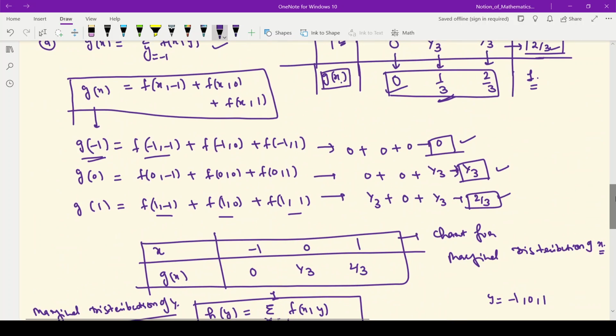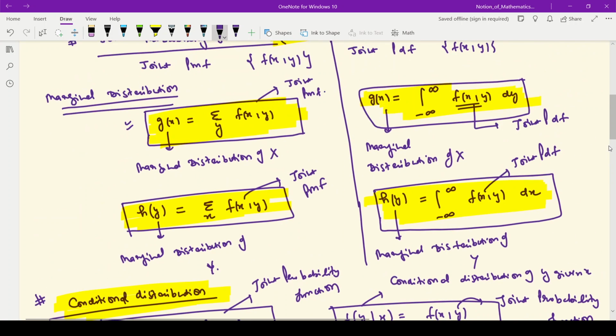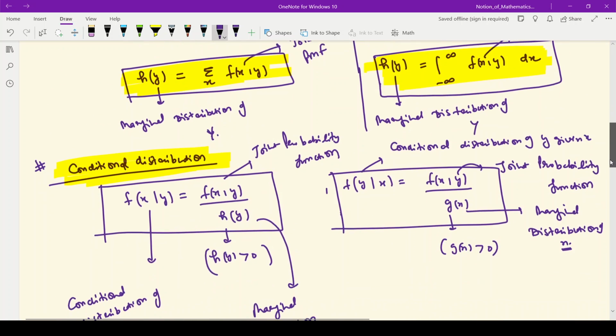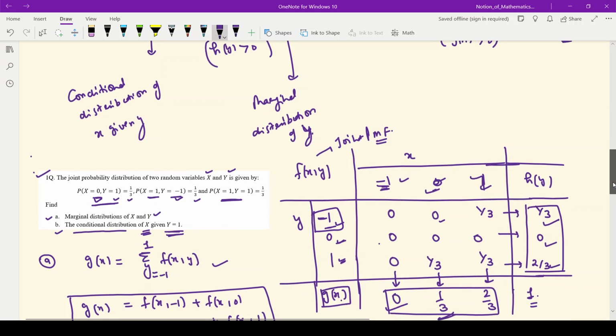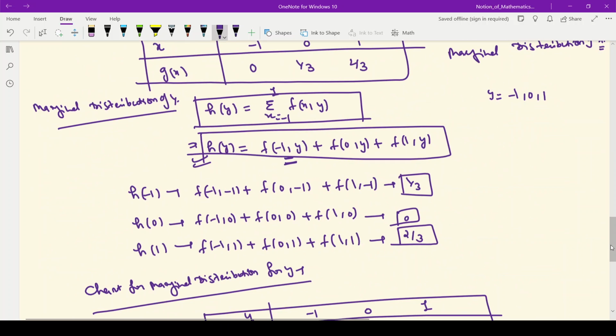Now thereafter the B part of this question is the conditional distribution of x given y equal to 1. So how can we evaluate this particular thing? Let me discuss it. Conditional of x given y.